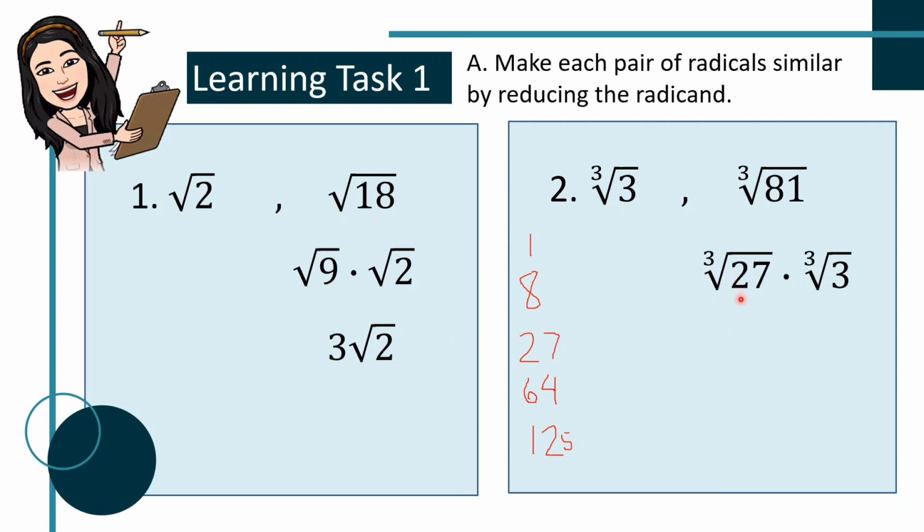What is the cube root of 27? That is 3. So, 3 cube root of 3. That is our final answer. We just copied the cube root of 3. Therefore, are they similar now? Yes, because they have the same indices and the same radicand. So our pair is cube root of 3 and 3 cube root of 3.